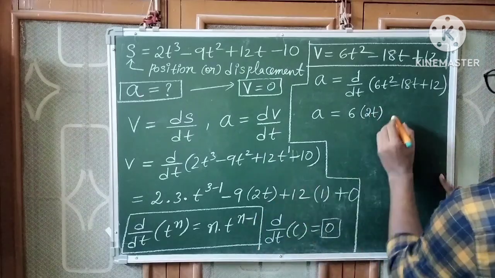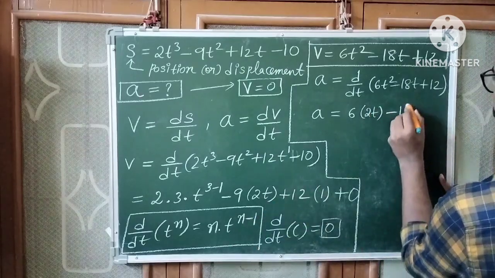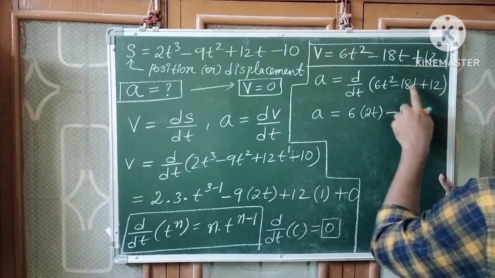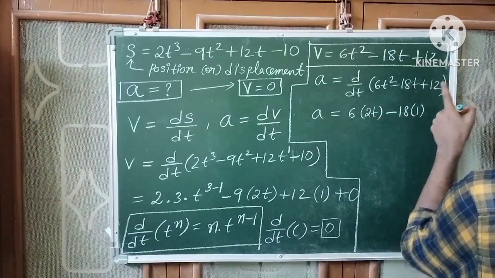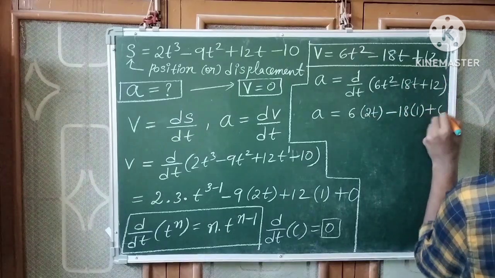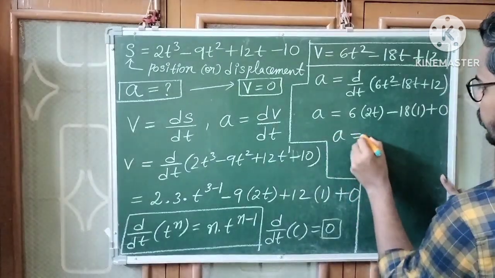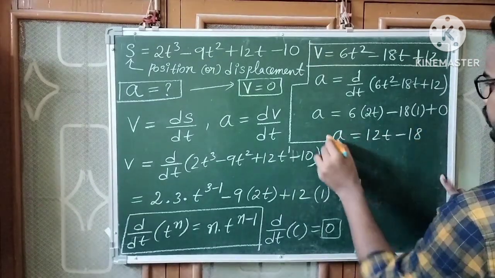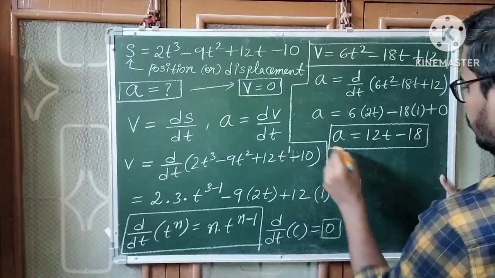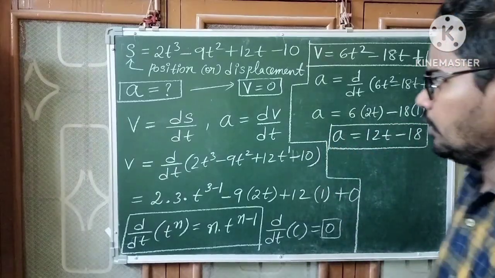Use the same formula. Now separate the constant, minus 18. Derivative of t with respect to t is 1. Now here we have only a constant. Derivative of a constant is 0. Now acceleration is equal to 6 twos are 12. So 12t minus 18.